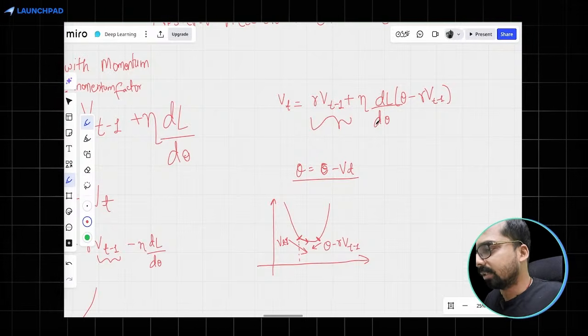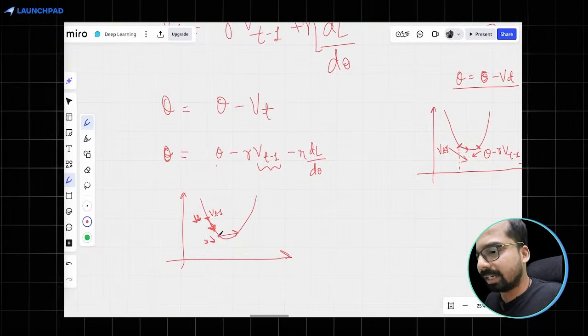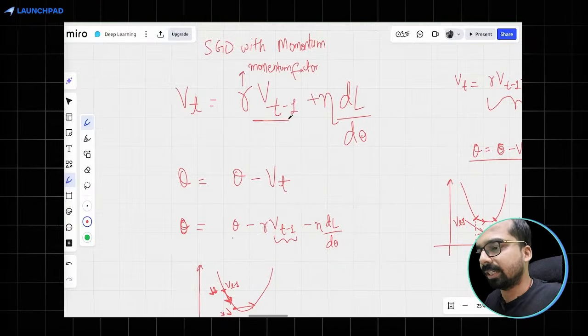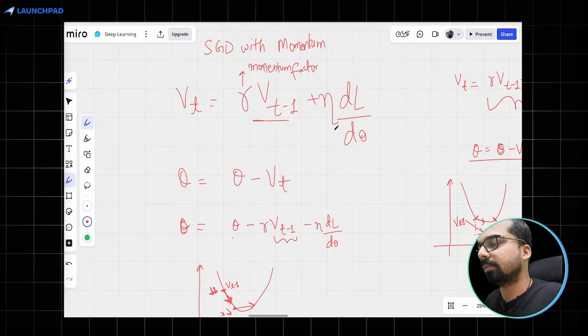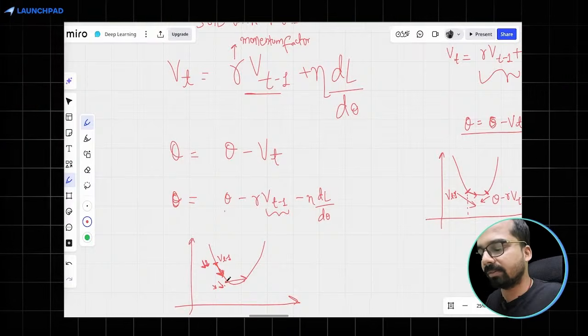Here, in momentum, we were calculating both at this same point: the velocity using the past velocity plus the slope at this point.